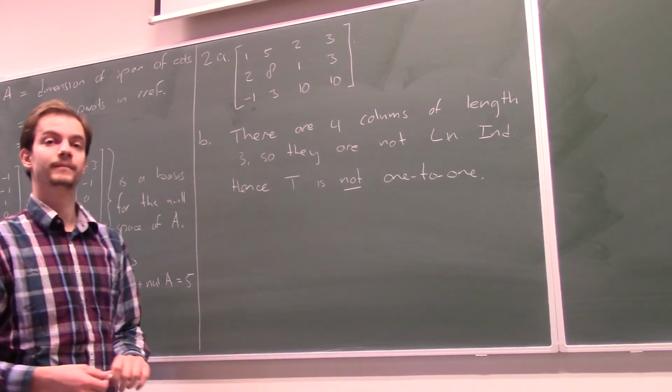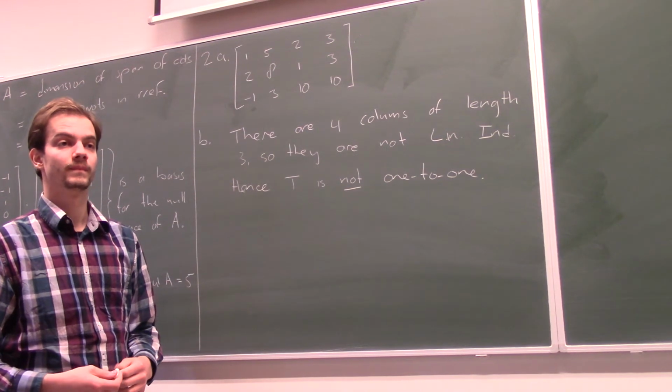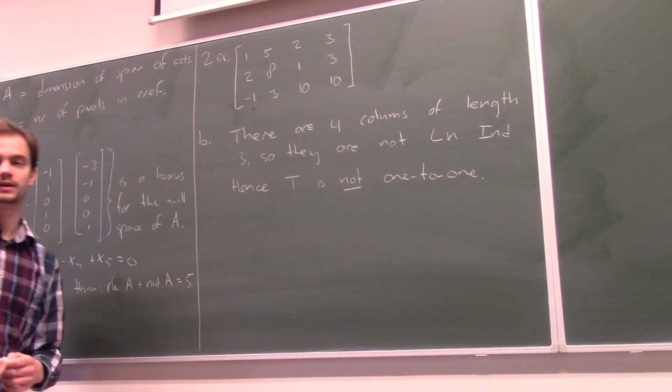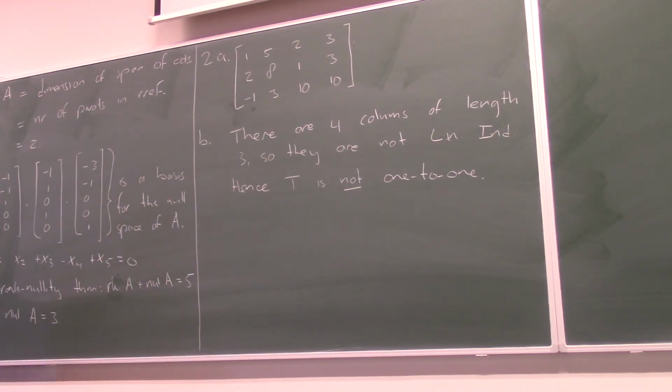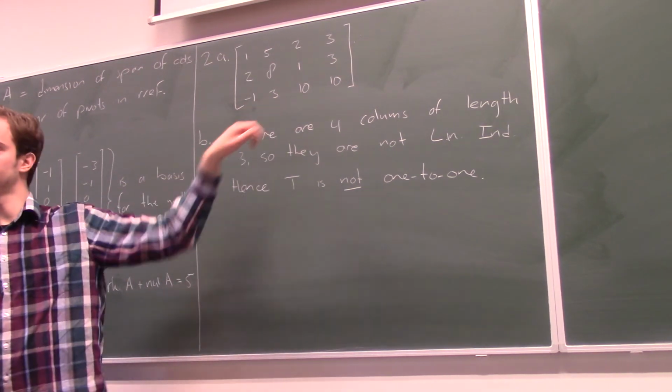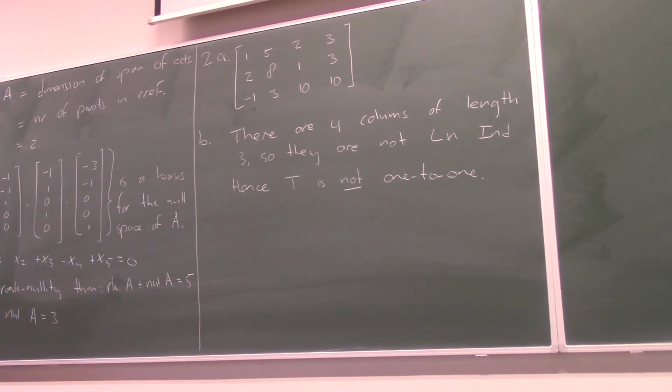If it is not one-to-one, is it onto, or is that not the case? It could be either. And what if you have only two columns? Could it be one-to-one?